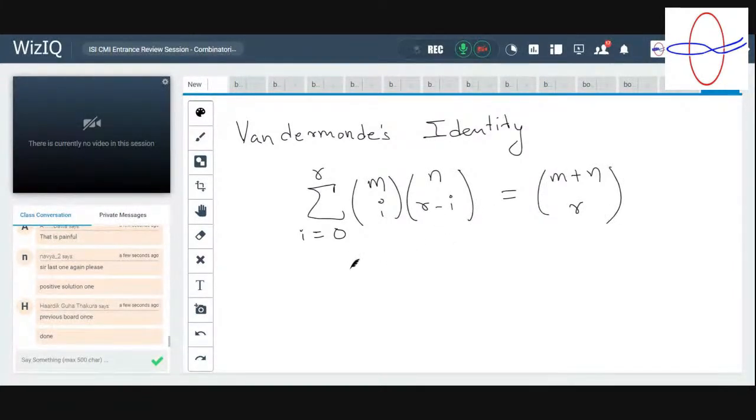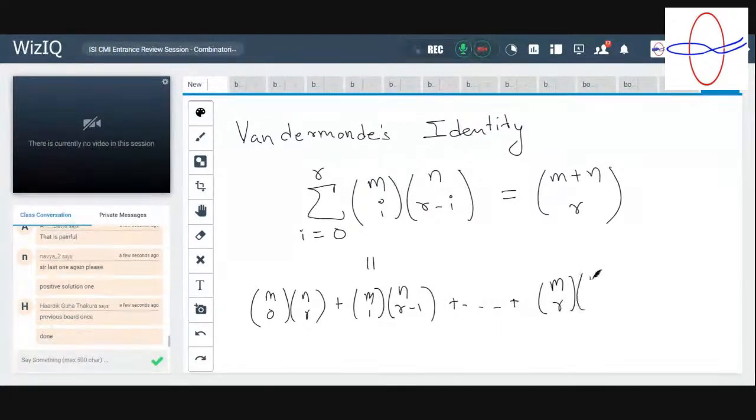Okay. So if you want me to expand this, this is just m choose 0, n choose r, plus m choose 1, n choose r minus 1, and so on till you get m choose r, n choose 0. So remember this may end up being useful. Okay.